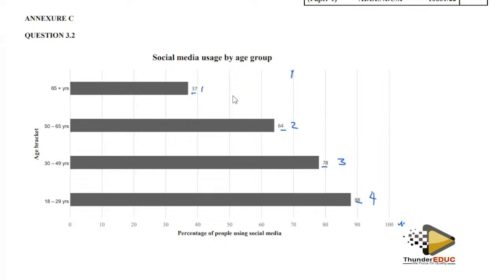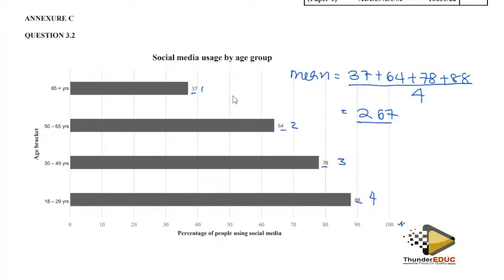Since it's the mean, we shall add 37 plus 64 plus 78 plus 88, and we divide by 4 because we've added 4 numbers. 37 plus 64 plus 78 plus 88 gives you 267.